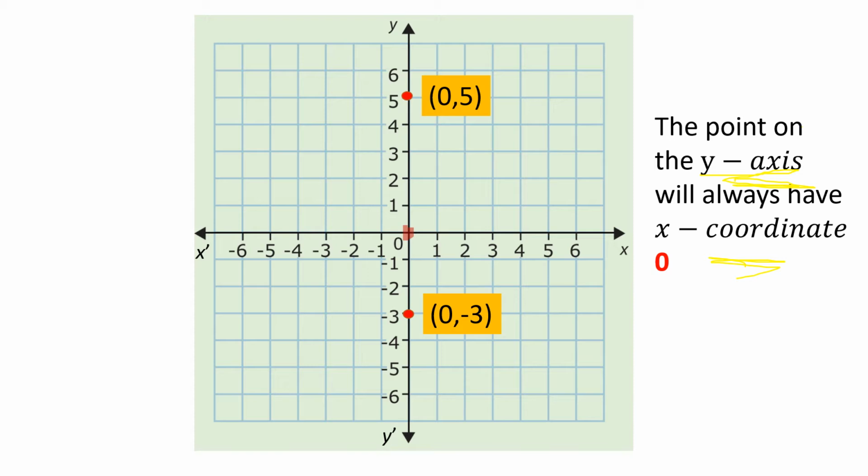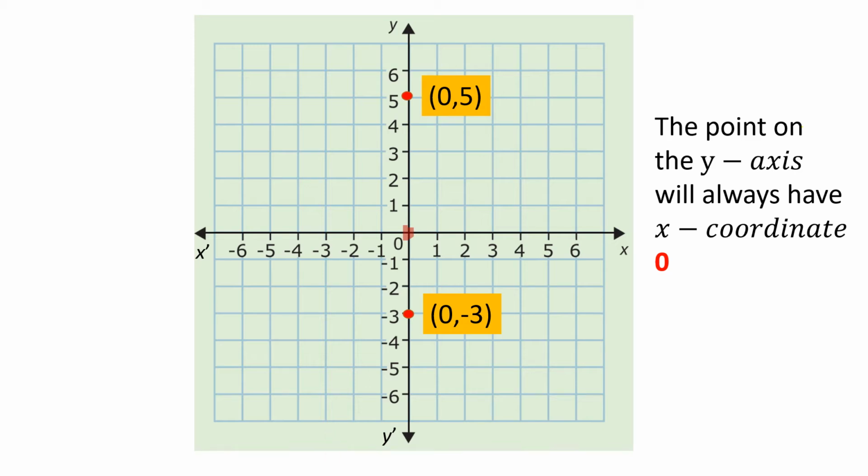Just the opposite case of what we learned in the previous one, right? So let me summarize once. Whenever a point is on the y-axis, then the x coordinate will be 0.